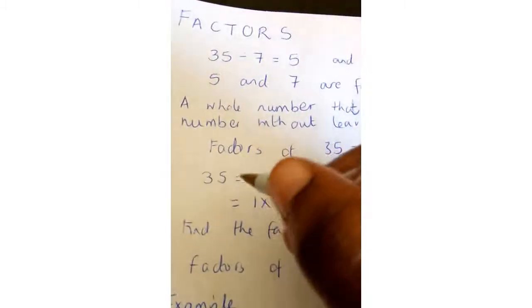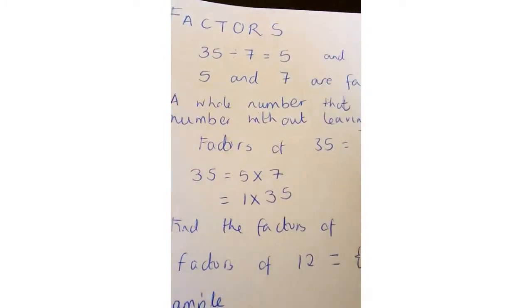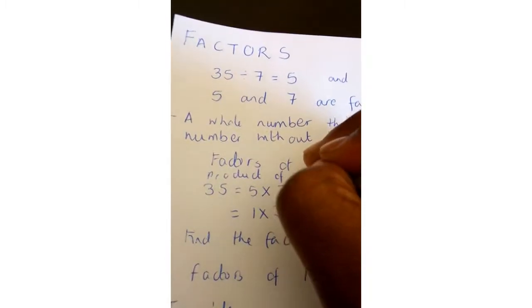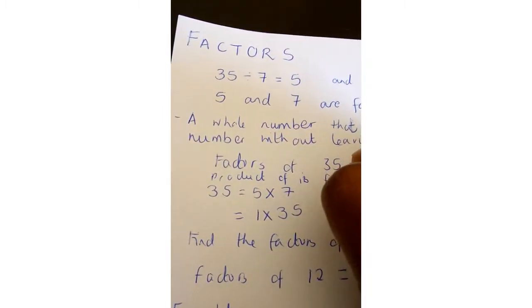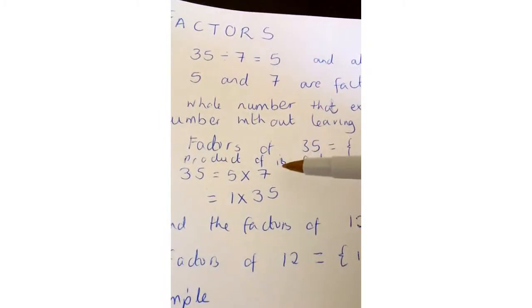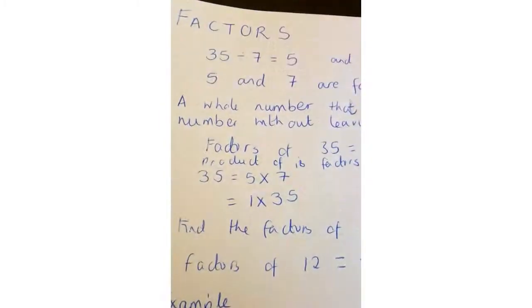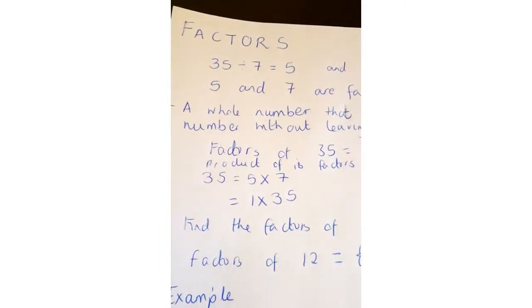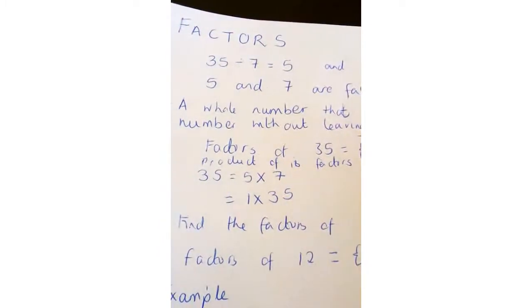So we can write 35 as a product of its factors, like this: 35 is equal to 5 times 7, and 35 is also equal to 1 times 35.